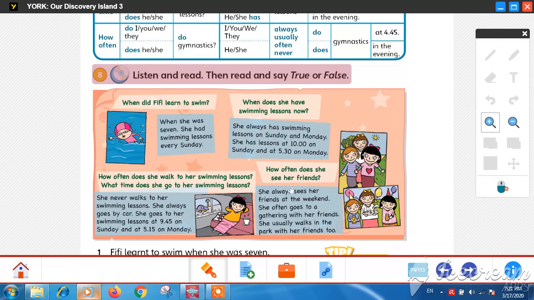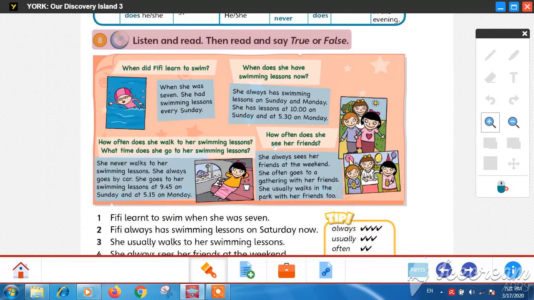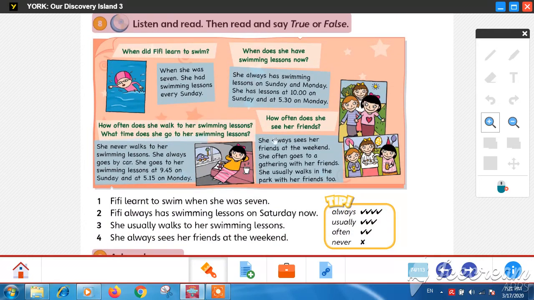Okay. So in this text, you'll find the first paragraph. It was written about when Fifi learned to swim. On which day? So the first sentence is about Fifi learning to swim when she was 7. Is this true or false?